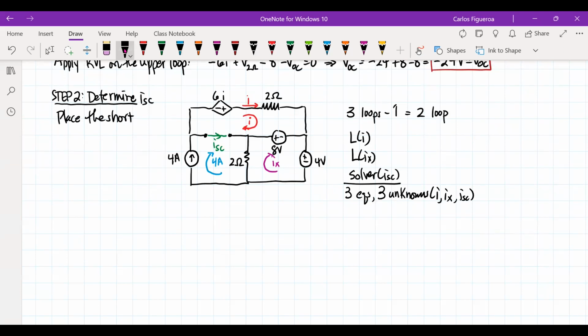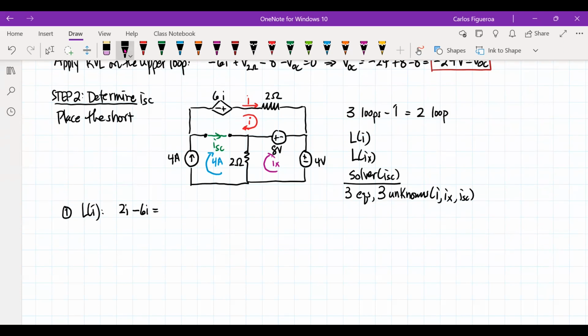So if I look at my first equation, that's going to be the loop of I. If I now apply a KVL loop here, I only have 1 resistor, so it should be 2I. And as I come around, look what happens. I have a dependent source and I have a constant source. So the dependent source stays on the same side, so that's got to be minus 6i.